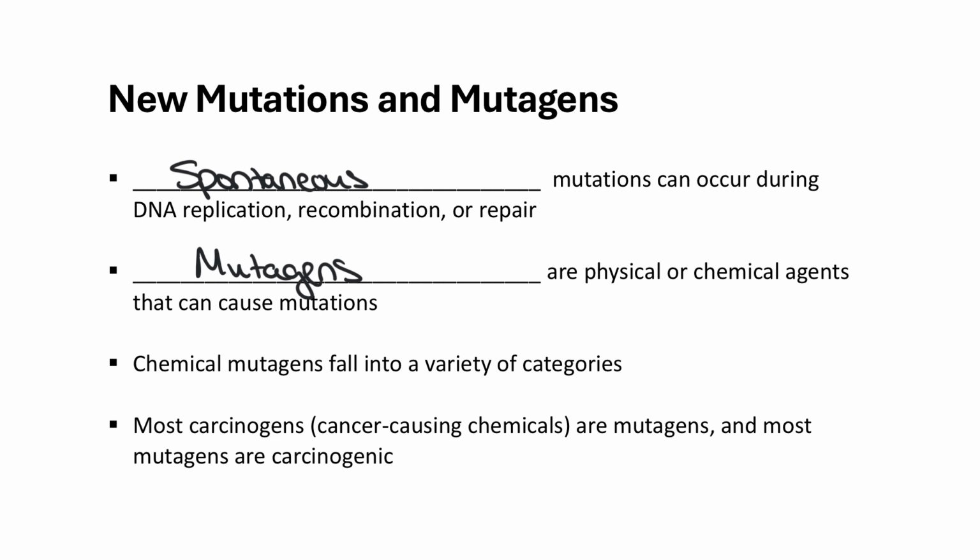So things like UV, X-ray, these types of things can cause mutagens. So things can happen spontaneously within the cell itself during DNA replication, recombination, or repair, or could be caused by mutagens, different chemical or physical agents that cause those mutations to the DNA.